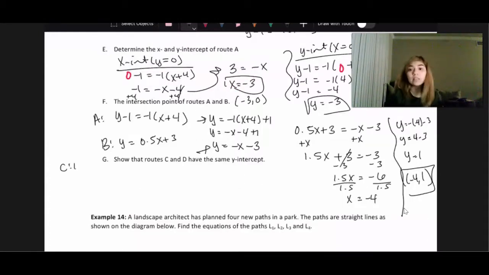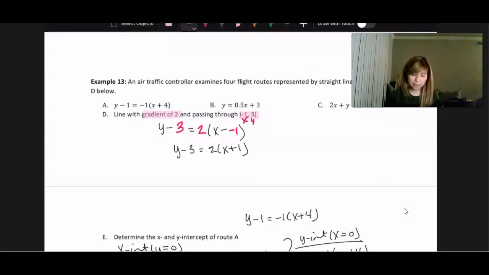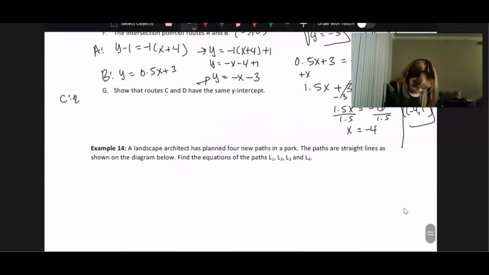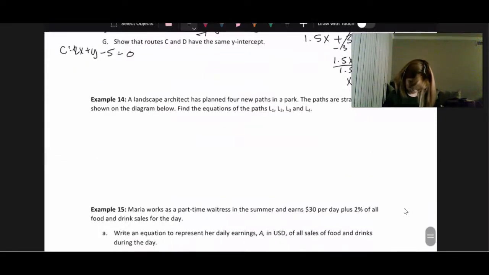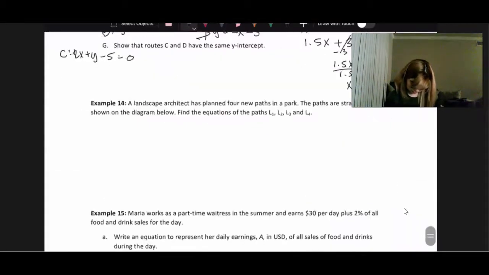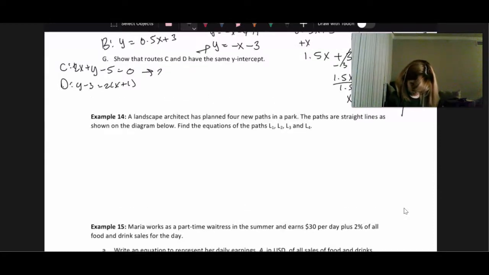So C's equation is 2x plus y minus 5 equals 0, in standard form. And then D was y minus 3 equals 2x plus 1. I'm going to plug in 0 for x to find my y-intercept.